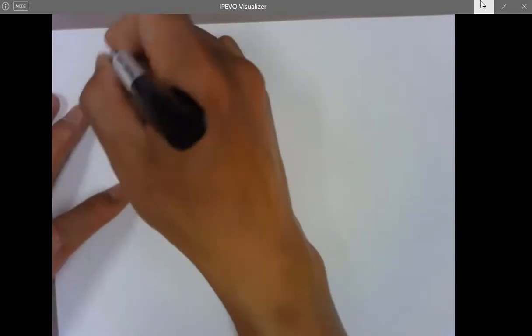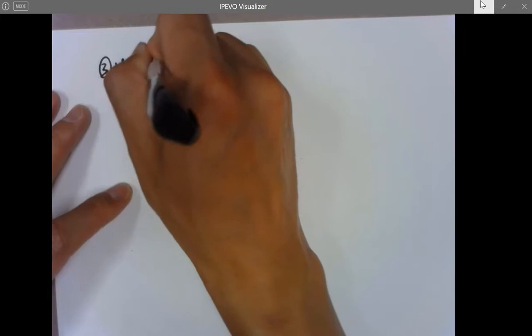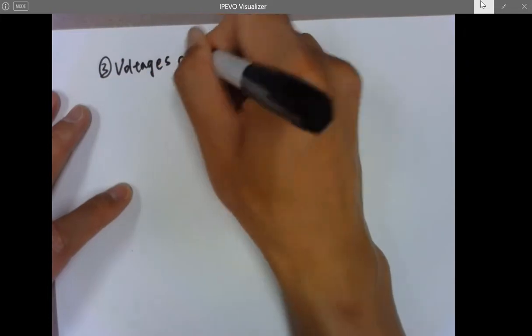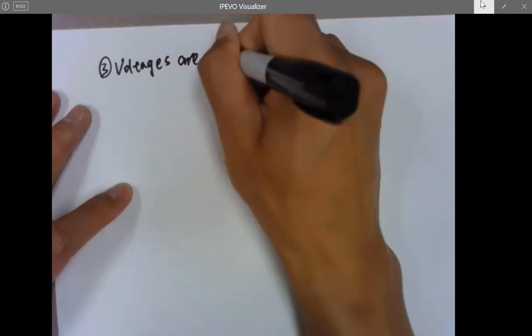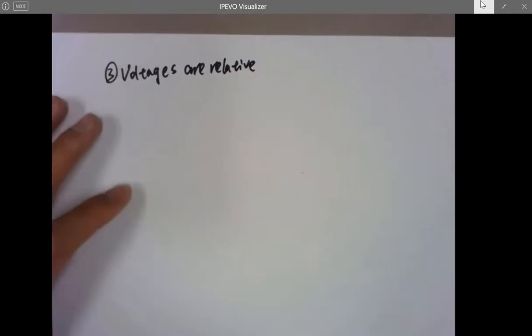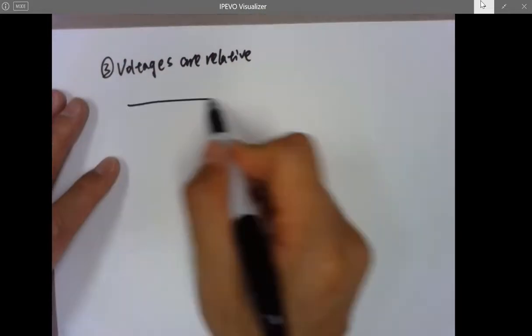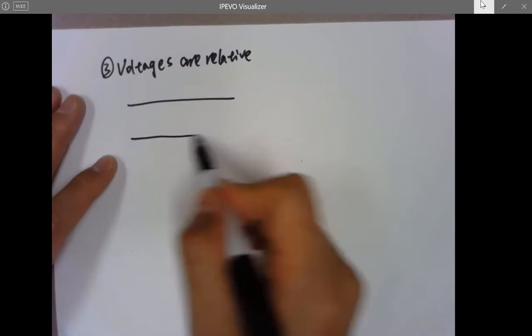because all the voltages are relative, whenever you are comparing voltages, you have to know what the reference is. For example, this is a voltage potential.